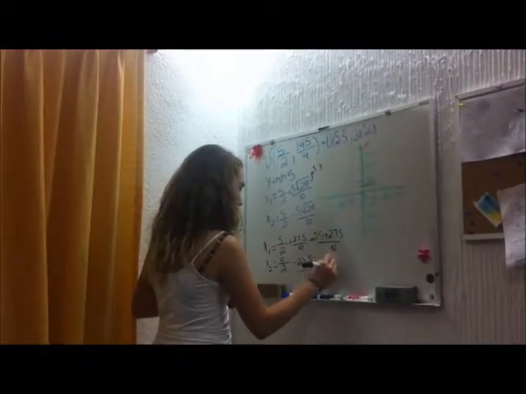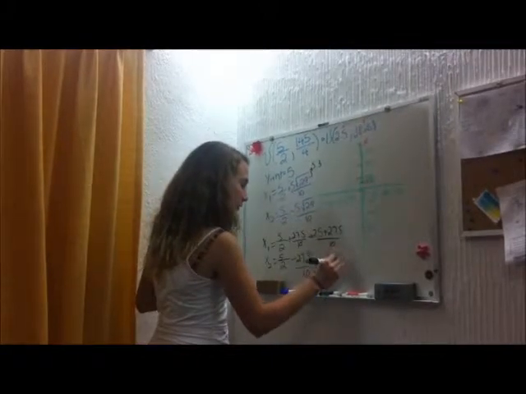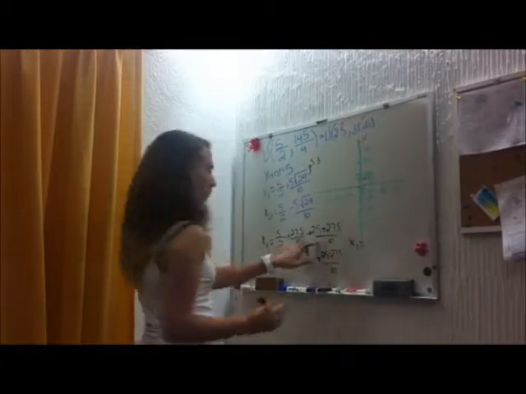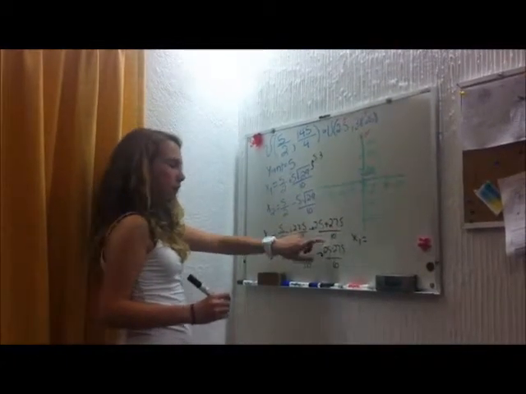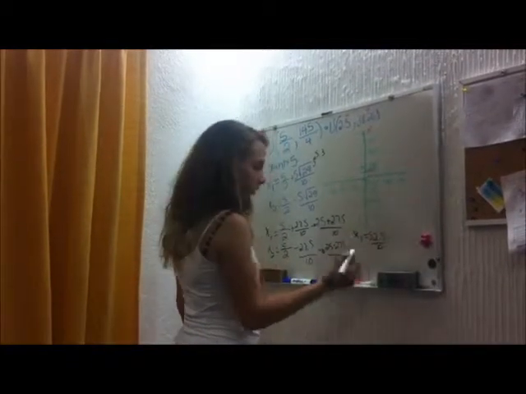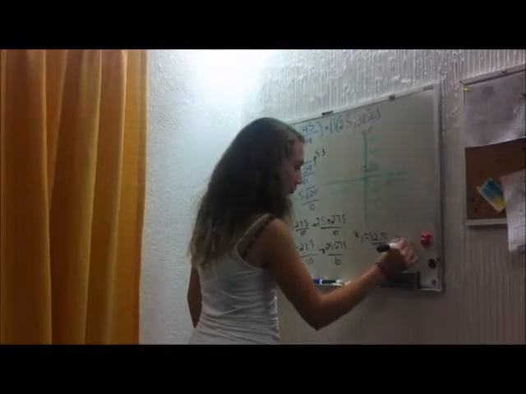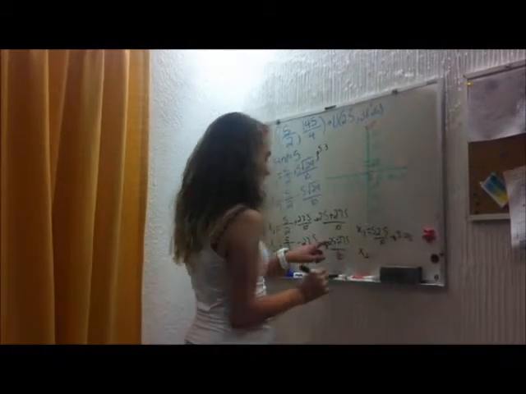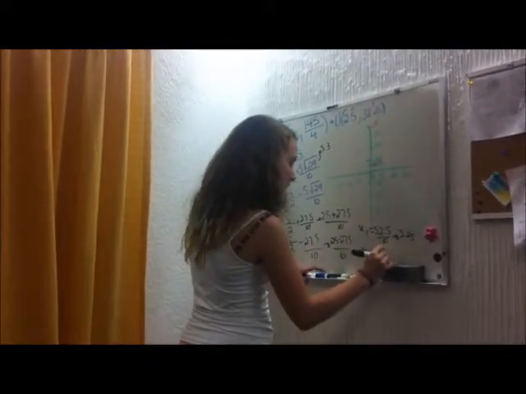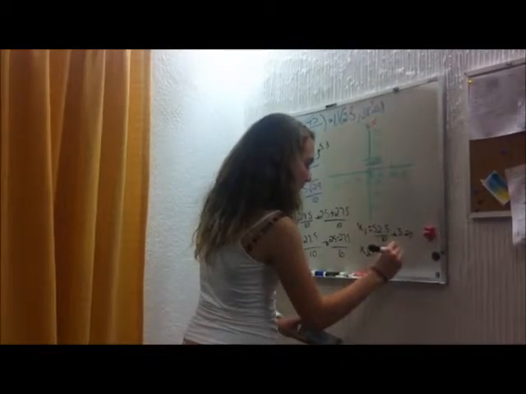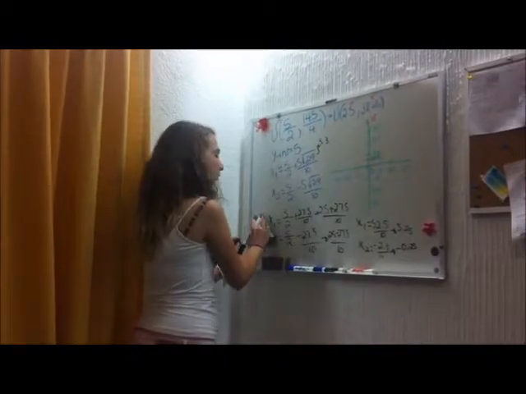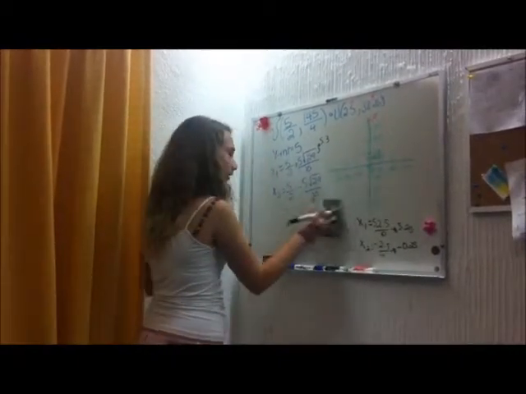And we have 25 minus 27.5 over 10. So we have that our x1 is 25 plus 27.5 is 52.5 over 10, or 5.25, and x2 is going to be 25 minus 27.5 is minus 2.5 over 10, or minus 0.25.